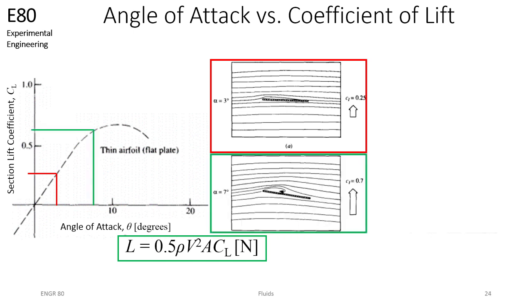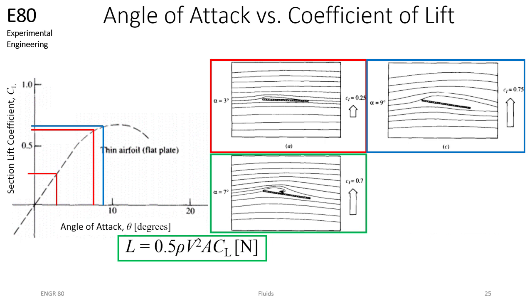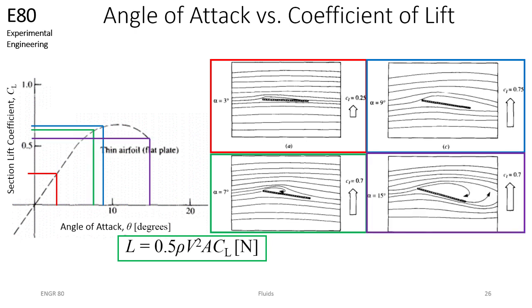At an angle of attack of 7 degrees, the coefficient of lift on the flat plate increases to 0.7. At 9 degrees, the lift coefficient is nearly maximized at 0.75. And at a relatively high angle of attack of 15 degrees, a more complex flow occurs on the flat plate, resulting in a decrease in the lift coefficient to 0.7.